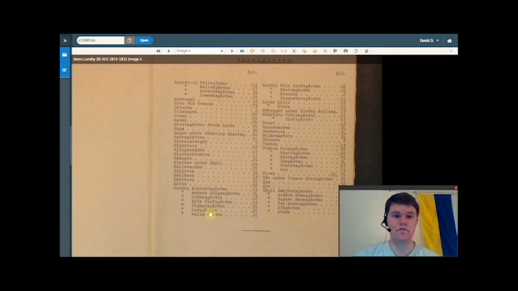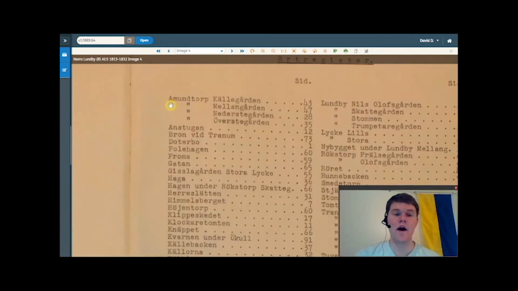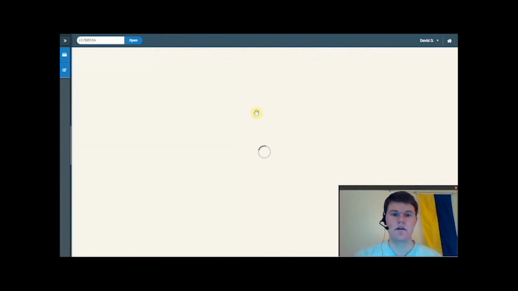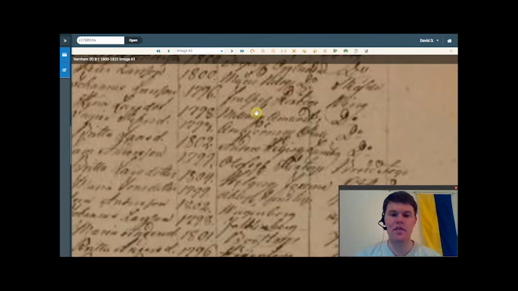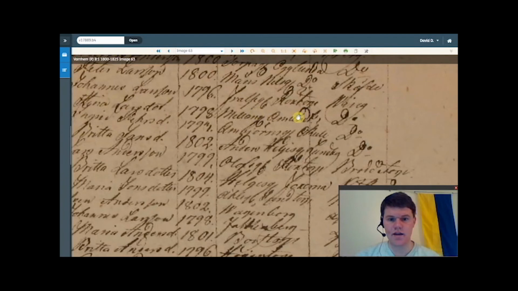Here's something like that. Exactly like that. And it's exactly what we want, right here. We found it. So it has the Muntorp and then the Mellagorden. In this case, it's switched. And so we can come back here and look at what it said right here. Right here it has the Mellagorden and the Muntorp.